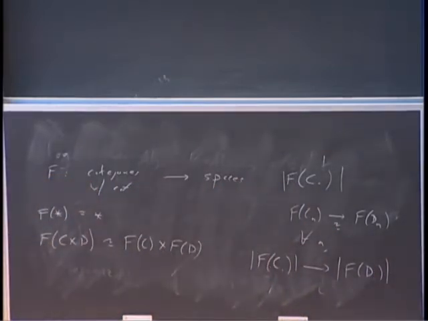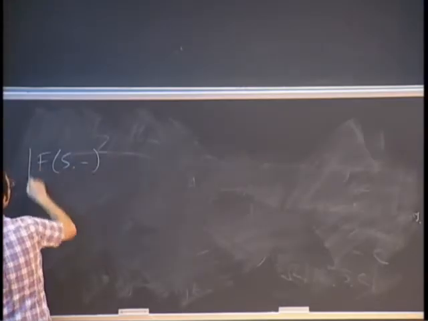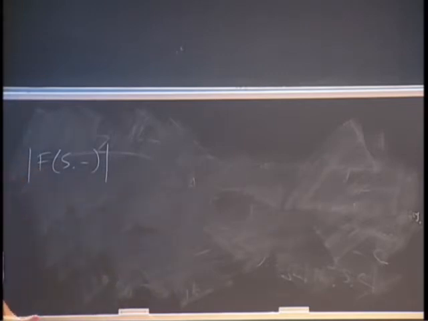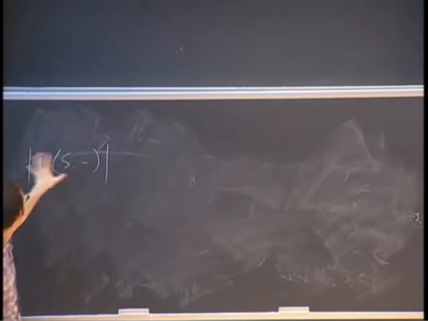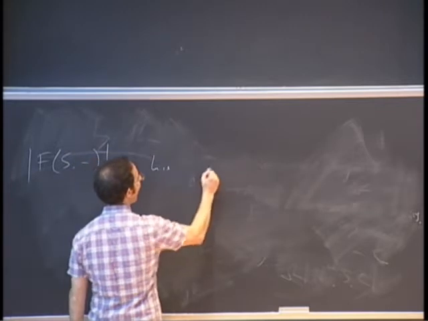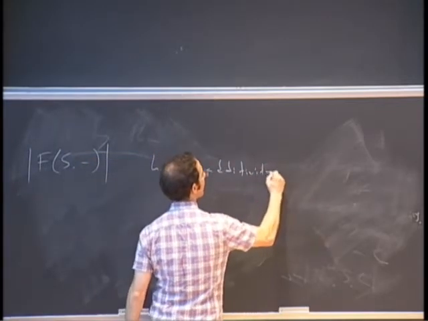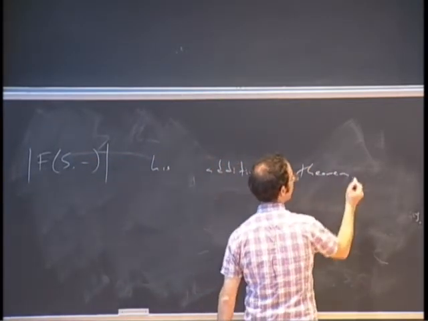If these things are true under these hypotheses, then Randy shows, the argument shows, that the functor F of S-dot of blank, geometrically realized, so this is now another functor from categories with cofibrations to spaces, has the additivity theorem.